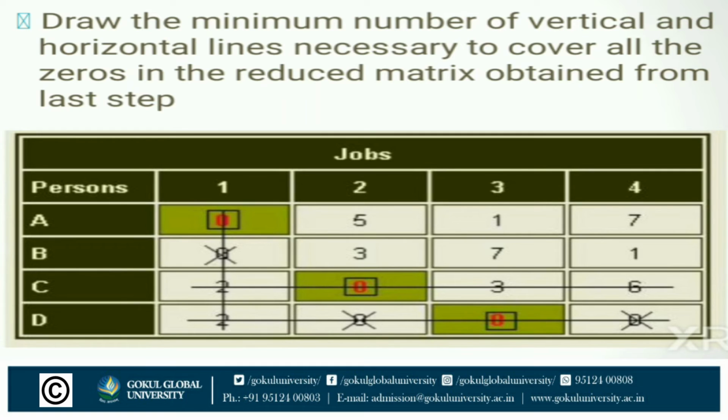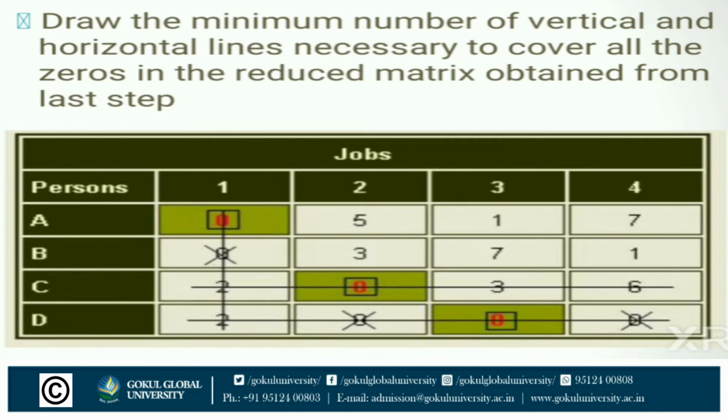So here we can see person 1, or person A, has a particular job. The first row has a single zero, but the first column has two zeros, so draw the line to cover them. The second and third rows have a single zero, then assign and draw the vertical line, and the last row has two zeros, then three zeros.